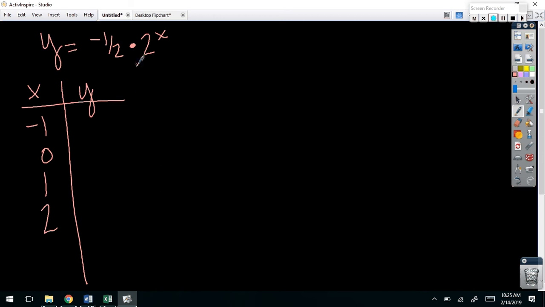All right, so when I plug -1 in, -1/2 times 2 to the -1. Remember, negative exponents don't make a negative number. Negative exponents only flip that number. Okay, so this is -1/2 times what? 1/2.